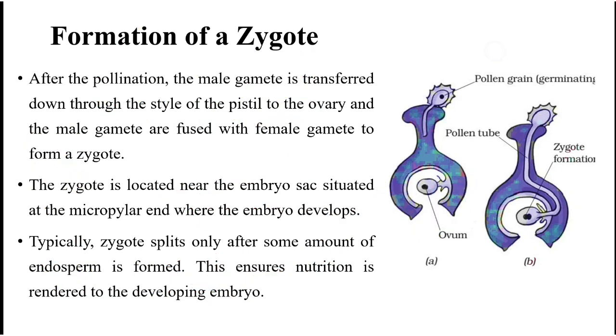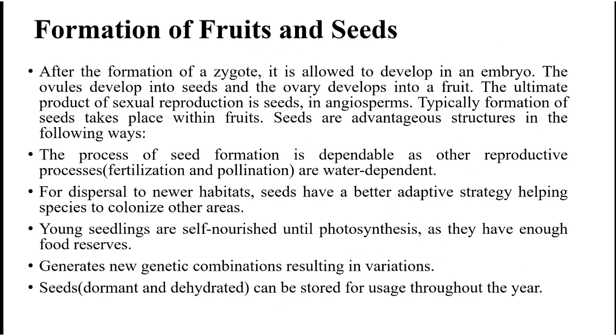Okay. Next, formation of fruits and seeds. The ovules develop into seeds and the ovary develops into fruit. The ultimate product of sexual reproduction is seed.